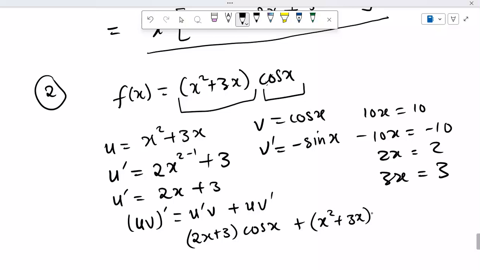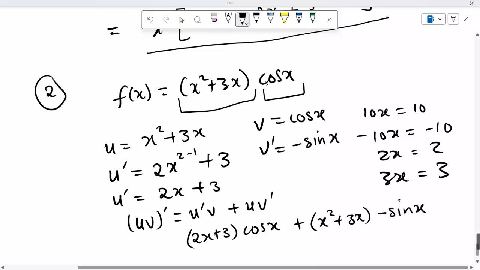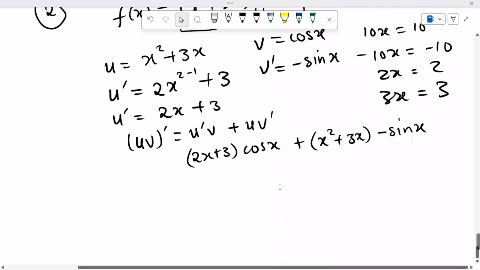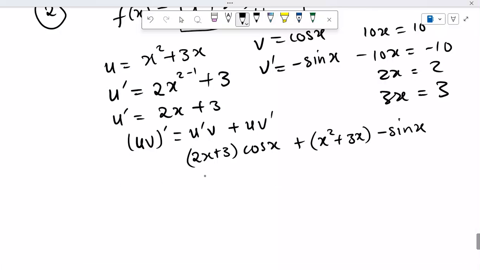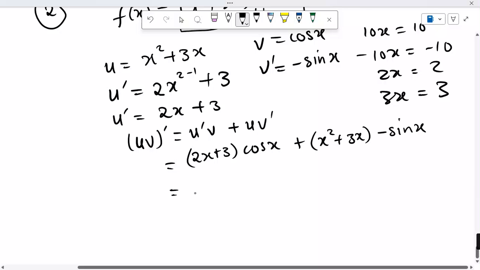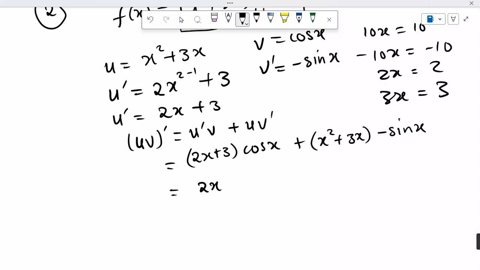Okay, then what is our v prime? V prime is negative sine x. Okay, so can we further simplify this? We can take out x's, but this one no need, I think.